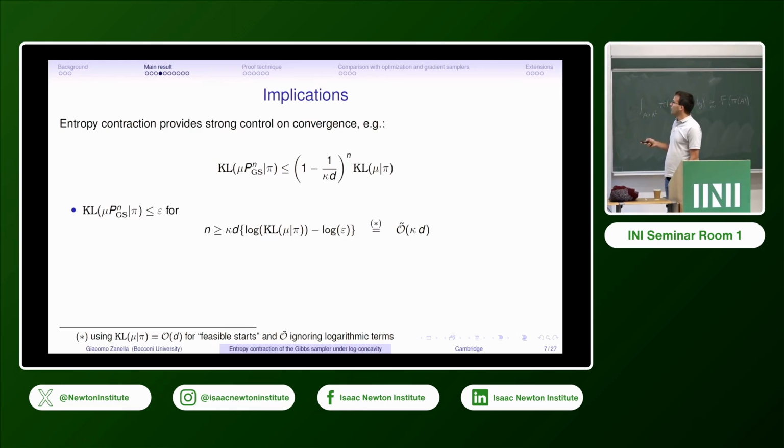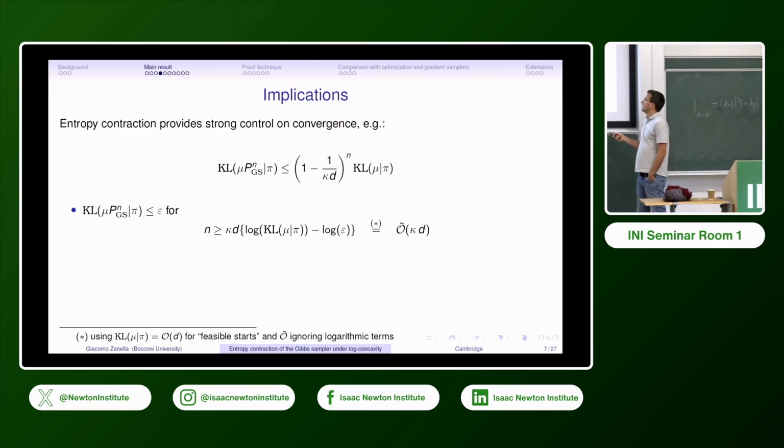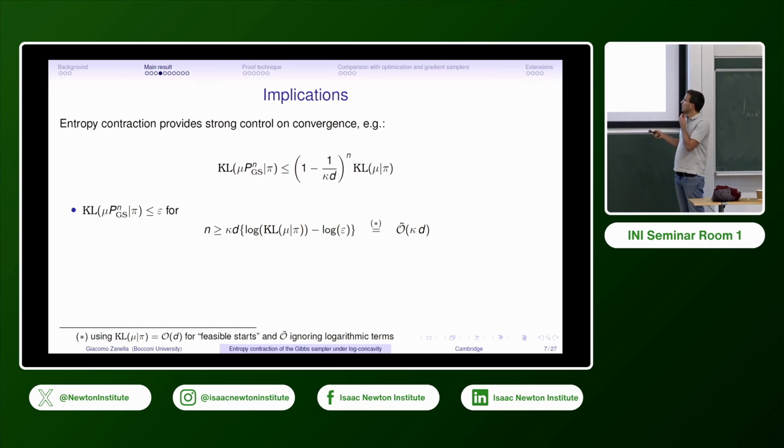And the dependence both on the starting distance and on the error is logarithmic, which is kind of good. If you're worried about the starting configuration, the good thing of working with the relative entropy is that typically this scales polynomially with the dimension of the problem. So for example, for M-warm distributions, this is a log m term.